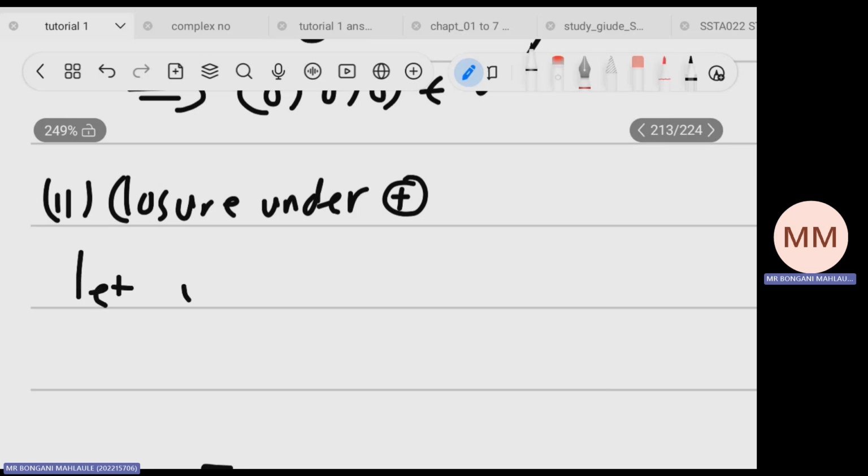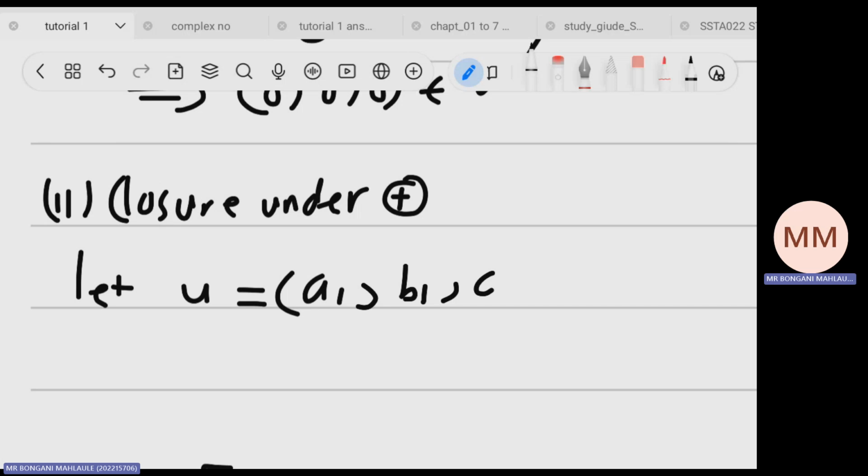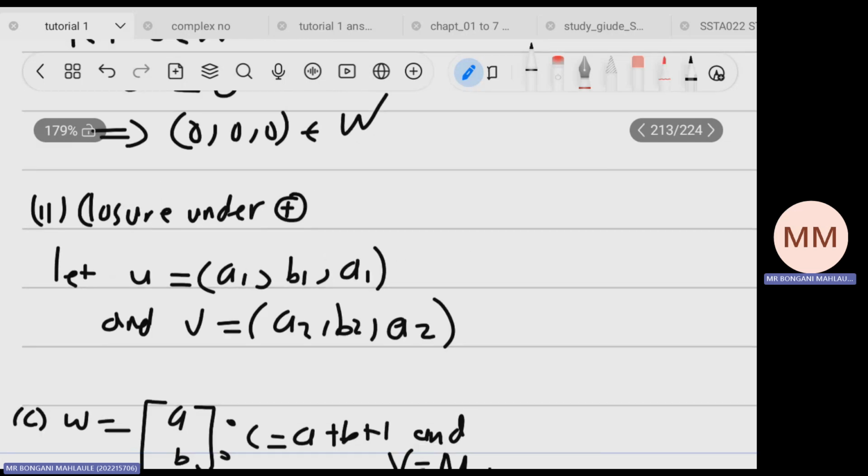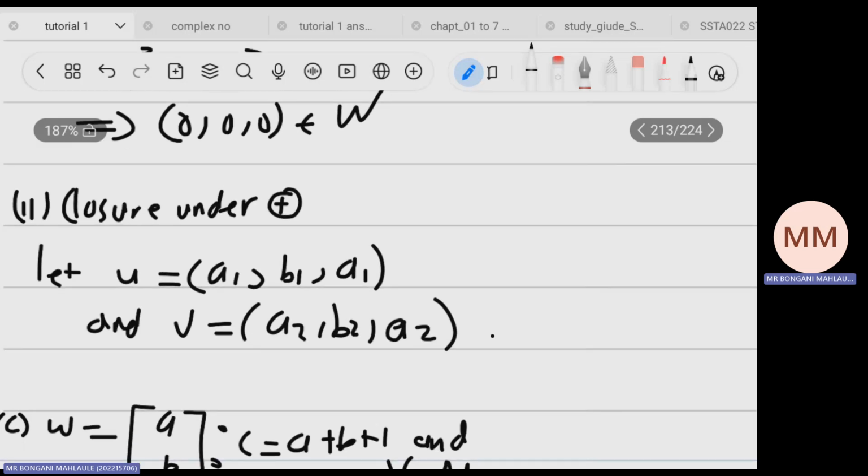If I let U to be (A1, V1, A1), and I let V to be like that.